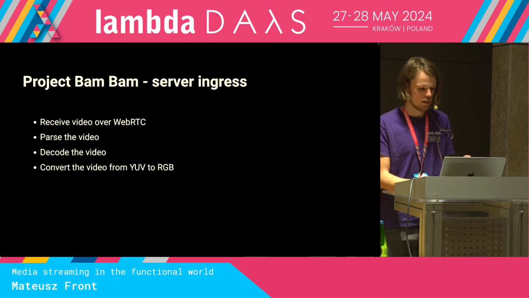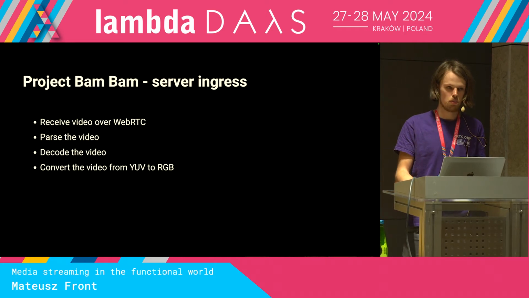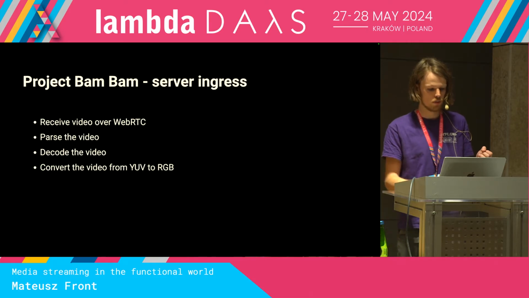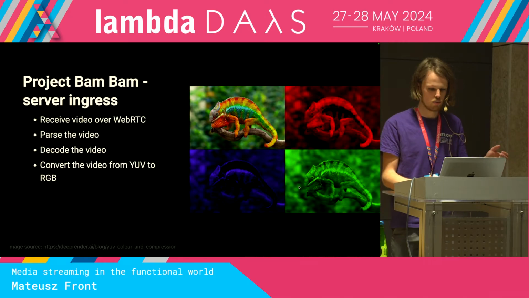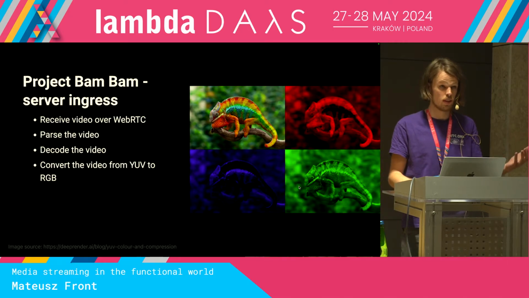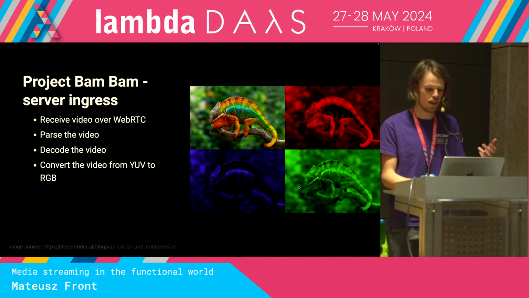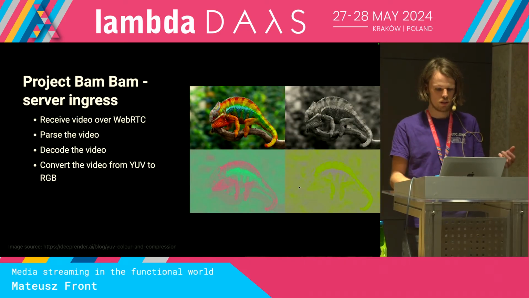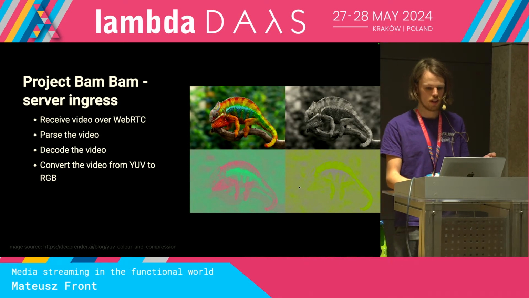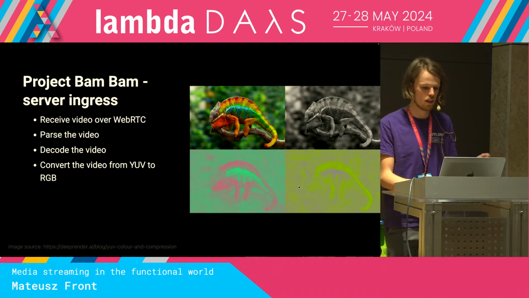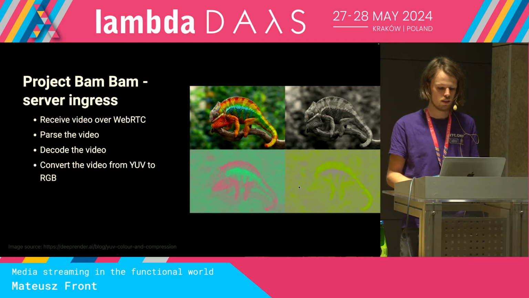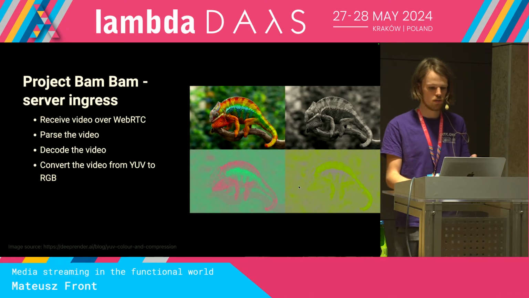And then the video is still not ready to be processed by our neural network because it's in the YUV format. Usually we have pictures in RGB format, so we can represent them as a union of three layers. However, in video streaming, we usually have luminance, or the brightness, and two chromatic layers, because that's better for video compression.